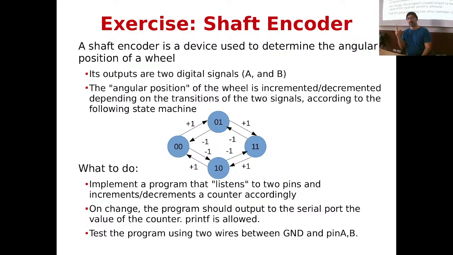These two exercises were one, the shaft encoder, where basically we had to monitor 2 pins of an input port, and then increment or decrement a counter based on the state machine. So this was trivially done by configuring a port as input, choosing 2 pins as input, and then entering in some sort of loop, and each time comparing the value of these 2 pins with the value of these 2 pins that we had before in order to implement the appropriate transition, right? So to go to a plus or to go to a minus.